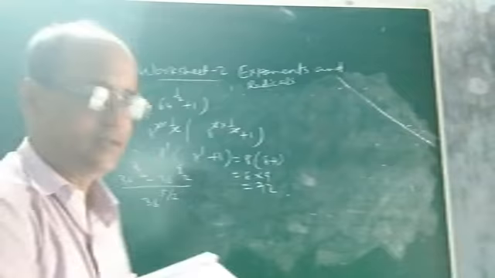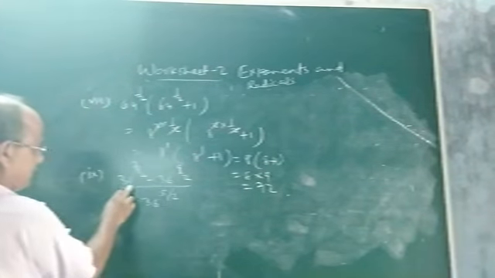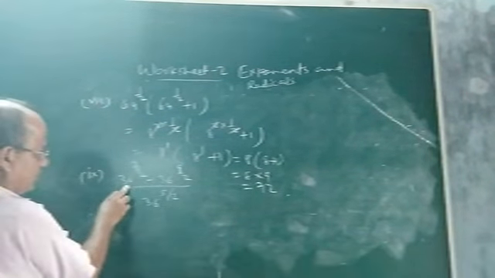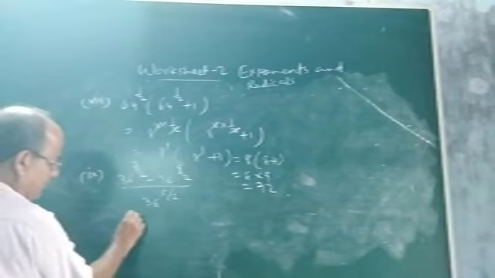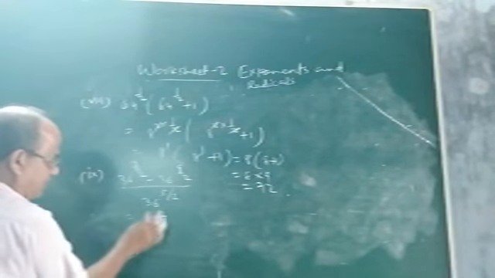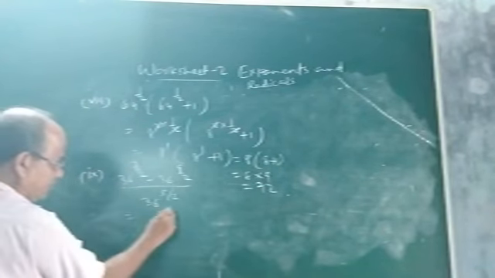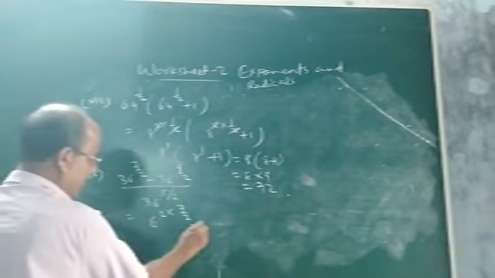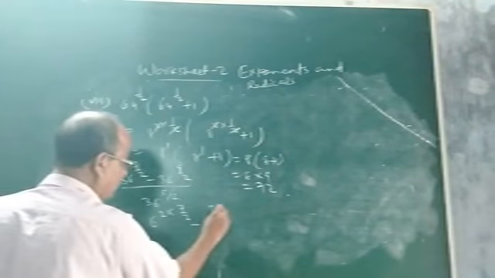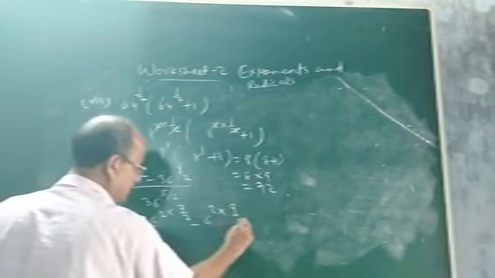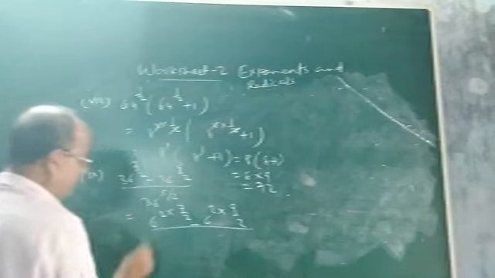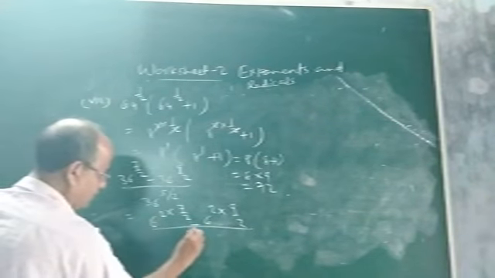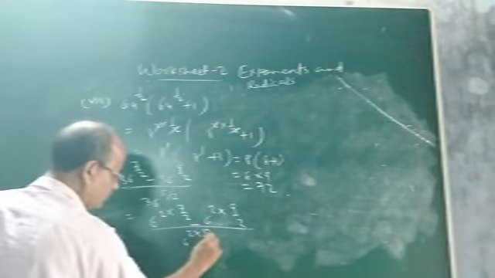Now, see children. Here the denominator is 2, here it is 36. So we can write 36 as 6 to the power 2. 6 to the power 2 into 7 by 2. Again 36, 6 to the power 2 into 9 by 2, whole divided by again 6 to the power 2 into 5 by 2.